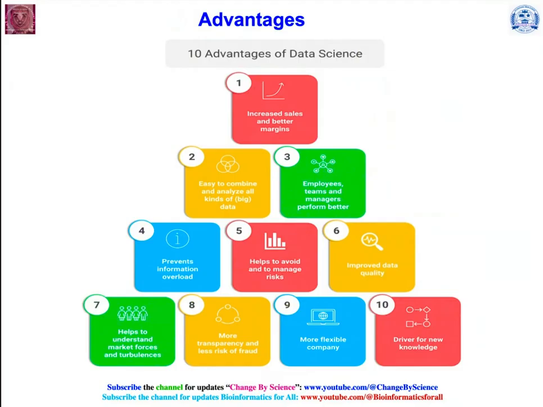Employees, teams, and managers perform better, prevents information overload, helps to avoid and to manage the risks. Improved data quality, helps to understand market forces and turbulences, more transparency and less risk of fraud. More flexible company, driver for new knowledge.